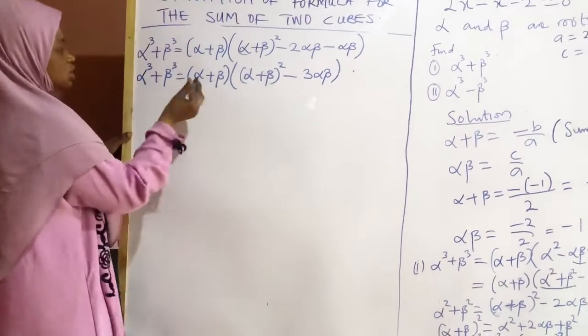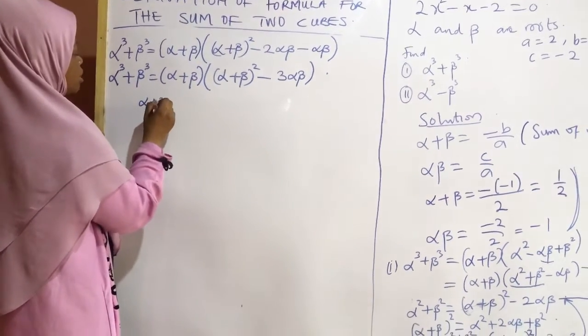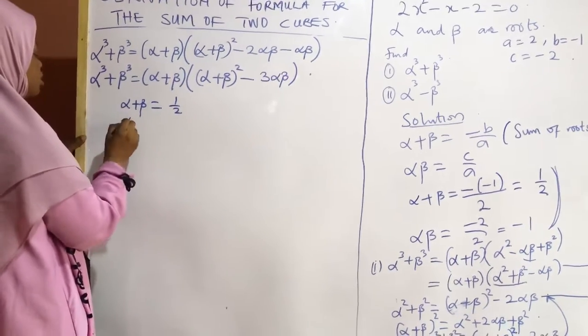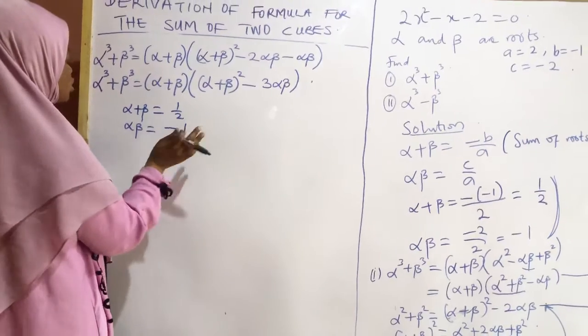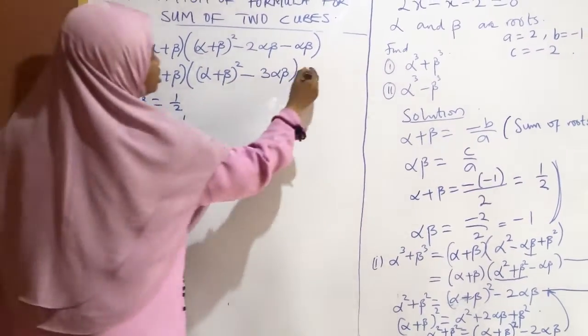We have known the sum of roots, which is alpha plus beta, to be equal to 1 over 2. You have known the product of roots, which is alpha beta, to be equal to minus 1. So what you need now is to substitute them inside this equation 3.